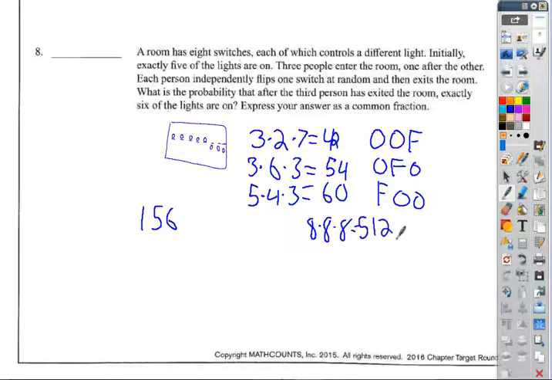So that means that there are 156 ways for there to be 6 lights on at the end out of 512 total ways for the people to come in and turn on and off the lights. From there, we just have to simplify that, and we can simplify that down to 39 out of 128. So that 39 of 128 is our answer.